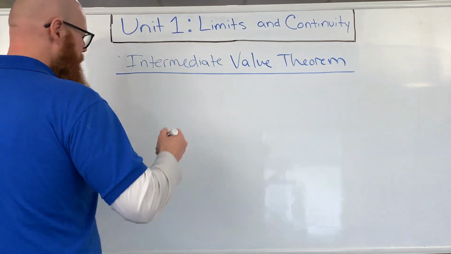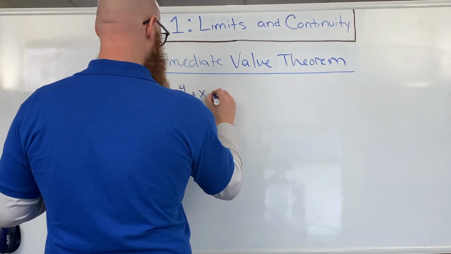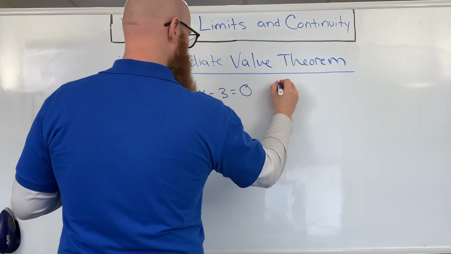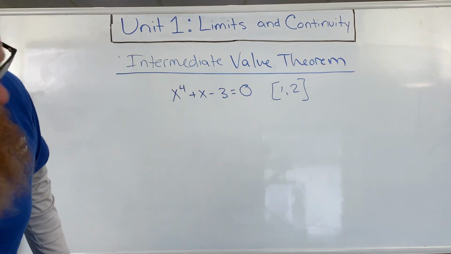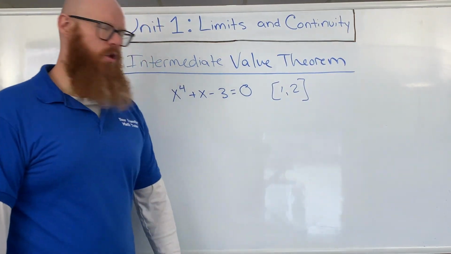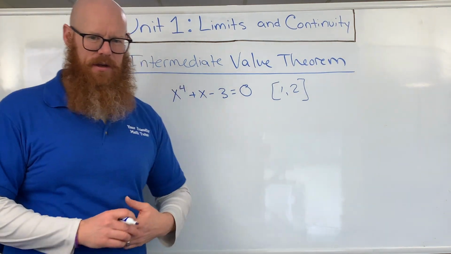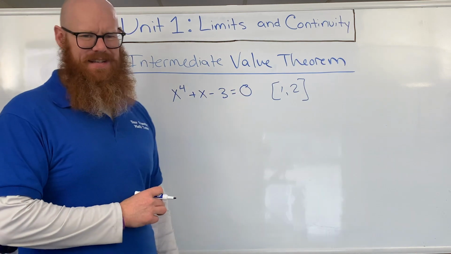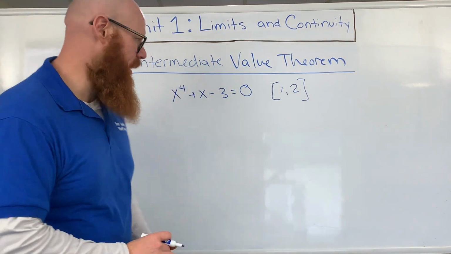And an example of a problem is, let's say we are trying to prove that this has a solution on the interval from 1 to 2. Now, a corollary of the intermediate value theorem is something called the root location theorem. And a root is just finding the zeros. So this is the intermediate value theorem, but more specifically, it's the root location theorem.